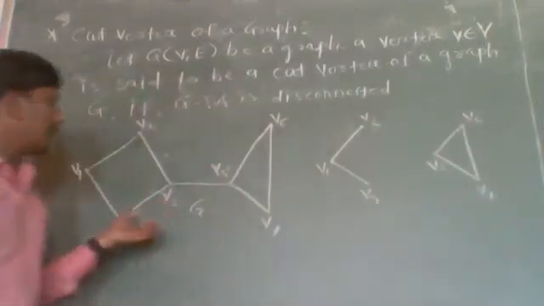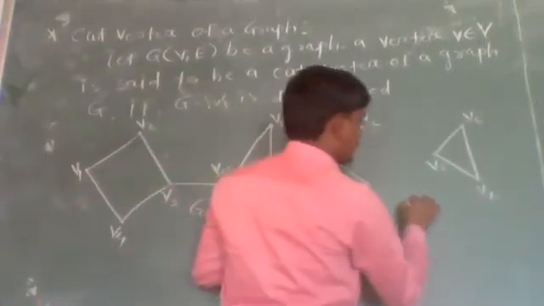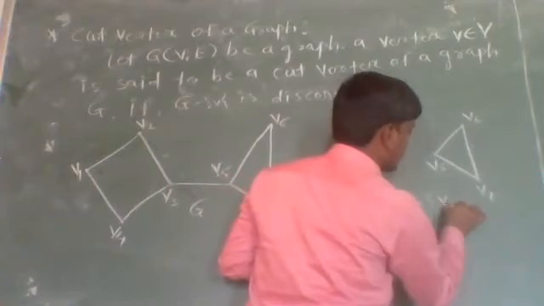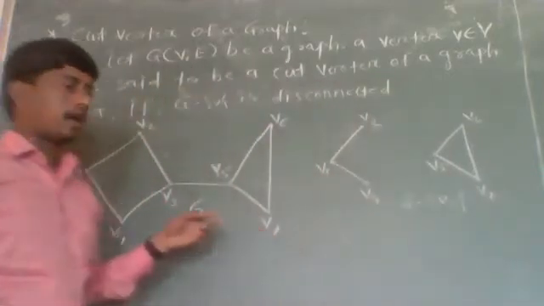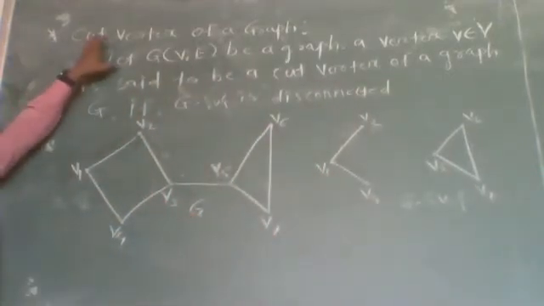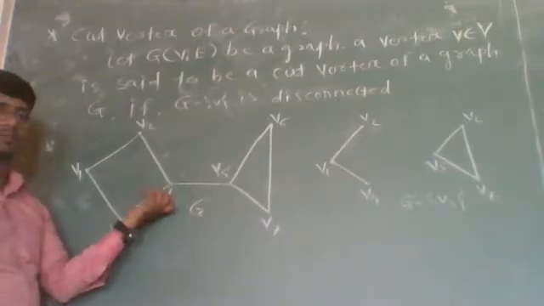So if we remove vertex V3 from graph G, then G minus V3 becomes a disconnected graph. So by the definition of a cut vertex, V3 is a cut vertex for this particular graph G.